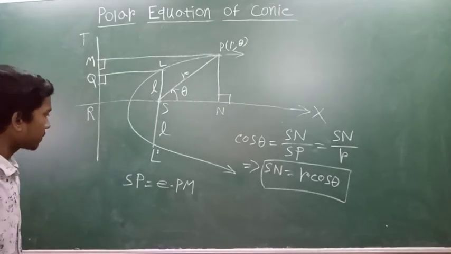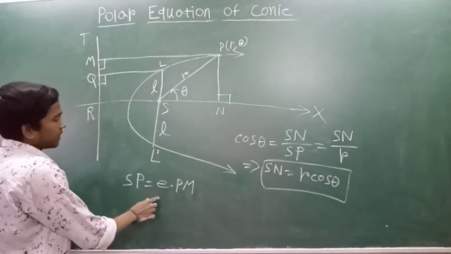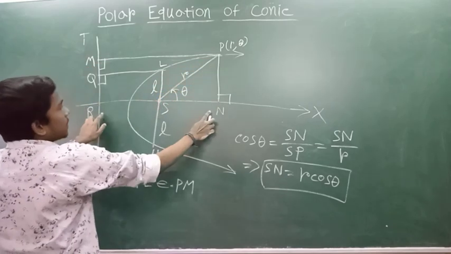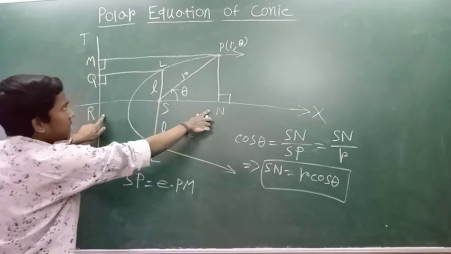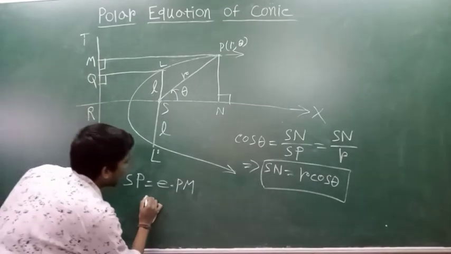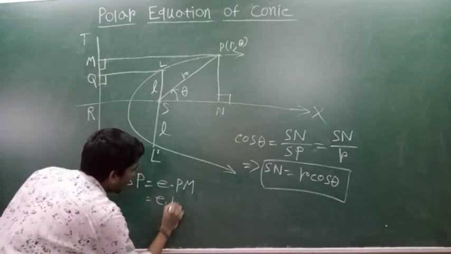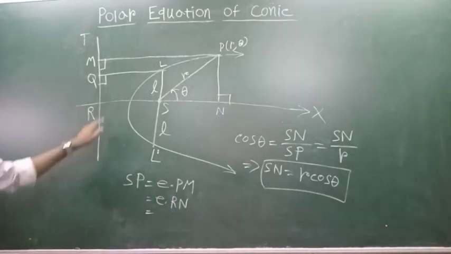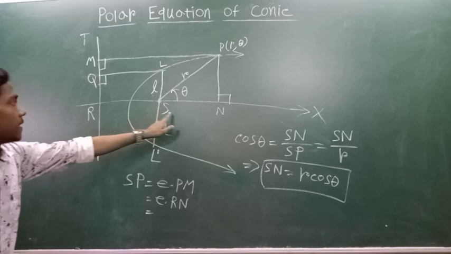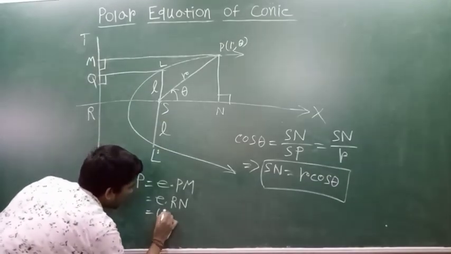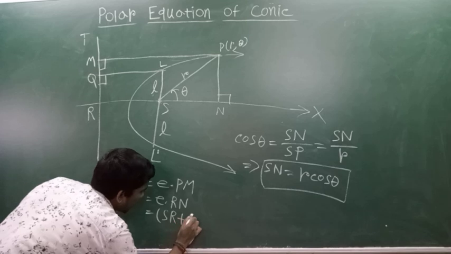Now PN is this distance, which is nothing but this distance RN. We can write RN instead of PN. So here we write e into RN. Now RN is RS plus SN. So this is equal to SR plus SN.